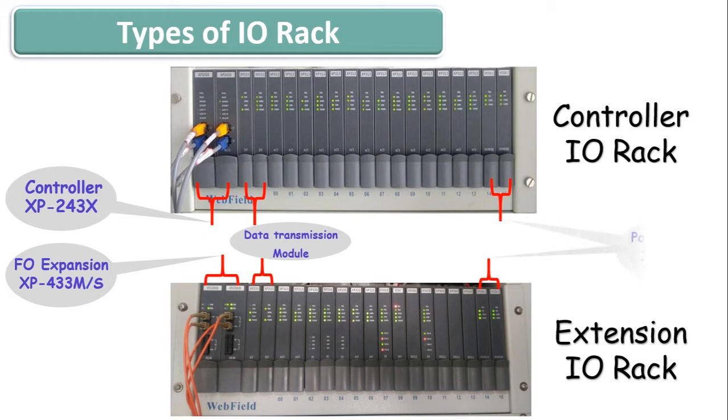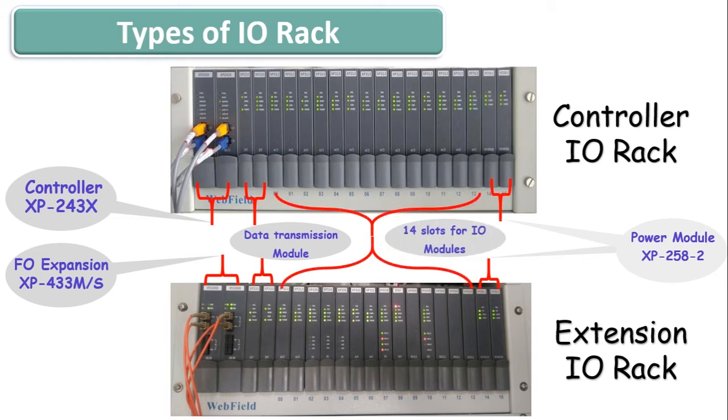The last two slots of the IO cage contain the power module XP258-2, which is used to convert 24 volt DC supply to 5 volt DC supply. This supply is used for distribution of the supply required for the IO cards.